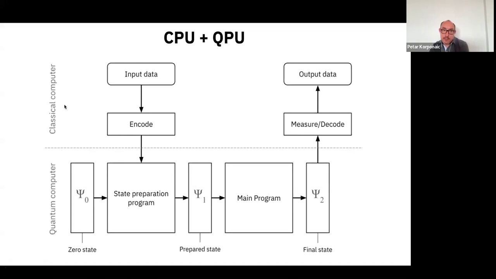In a classical computer, we have some input data that we want to process to produce output, produce results. This is our goal. Now, for complex problems, we will try to use a quantum computer, or quantum processing unit. Now, a quantum computer has its state.